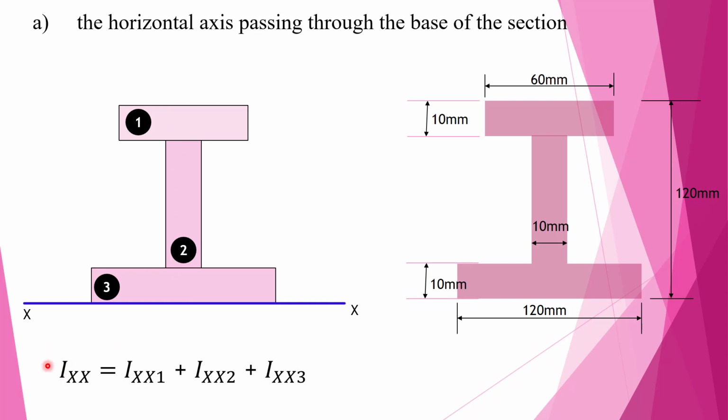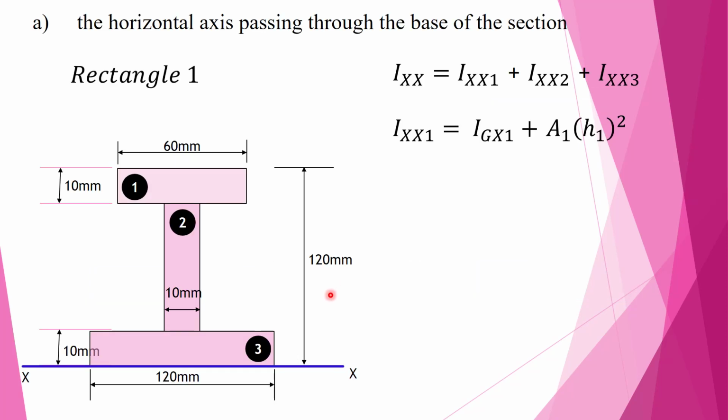The moment of inertia of the I section about the xx axis is equal to the moment of inertia of the first rectangular section about the xx axis, plus the moment of inertia of the second rectangle with respect to the xx axis, plus the moment of inertia of the third rectangular section about the reference xx axis. So we need to find the moments of inertia one by one.